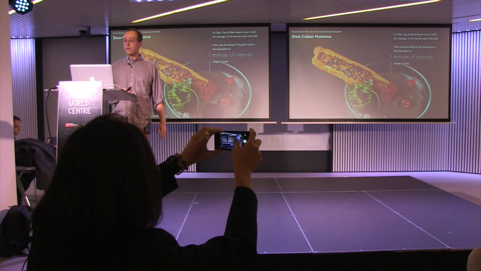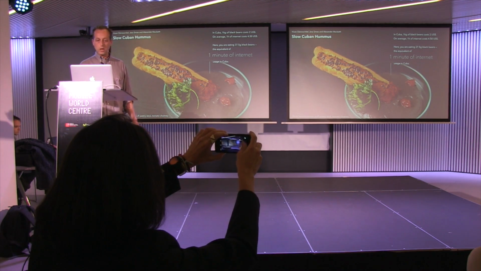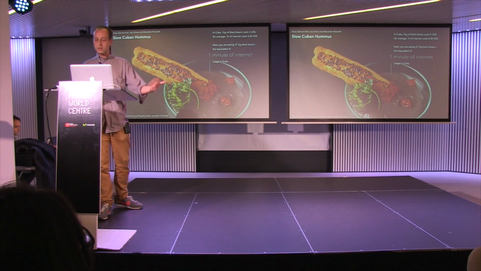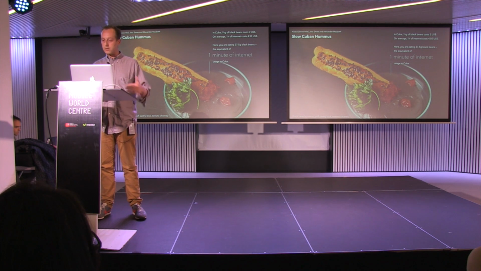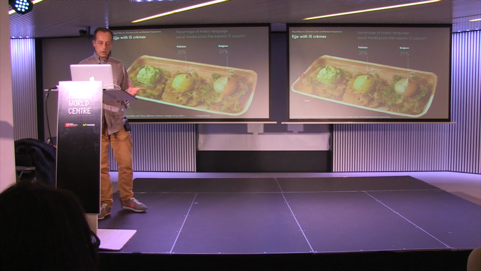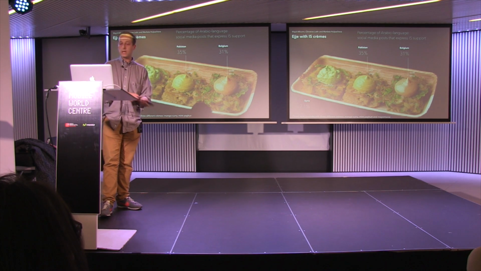Okay, this is the first example. This is a cookie, cream and hue, so what they are measuring is 1 minute of internet. It's equivalent to 1 kilo of black beans, which costs $2. So it's something to look for different tweaks in order to do data visualization.